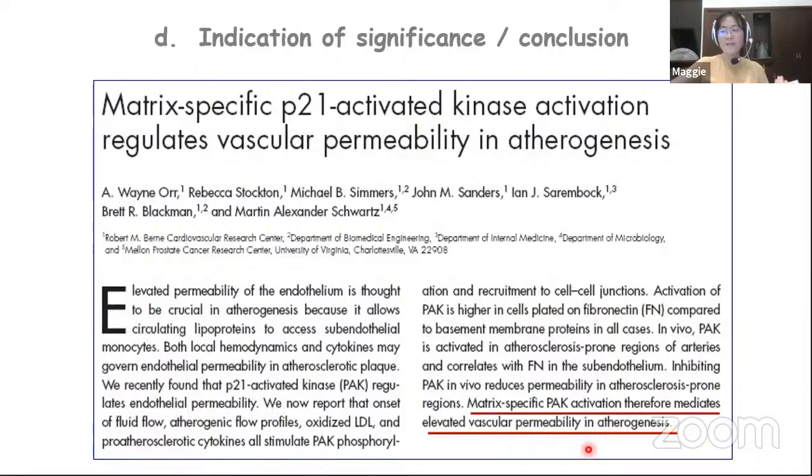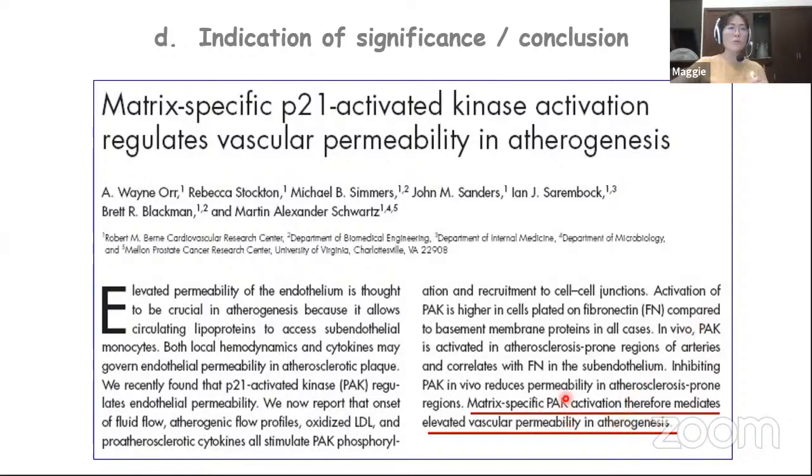And last, they have their conclusion. Matrix-specific PAK activation therefore mediates elevated vascular permeability in atherogenesis. So as you can see, this abstract represents the whole study. First, the background in this field, what they have done and what they found and what's the key conclusion of the study.